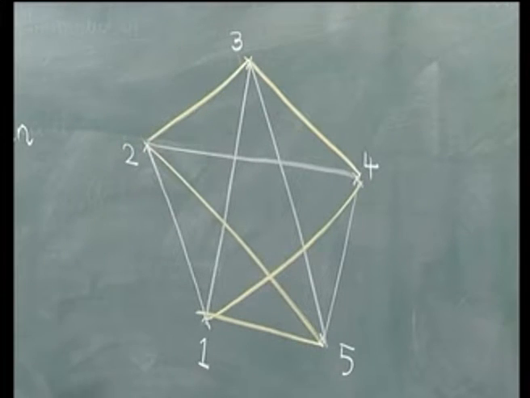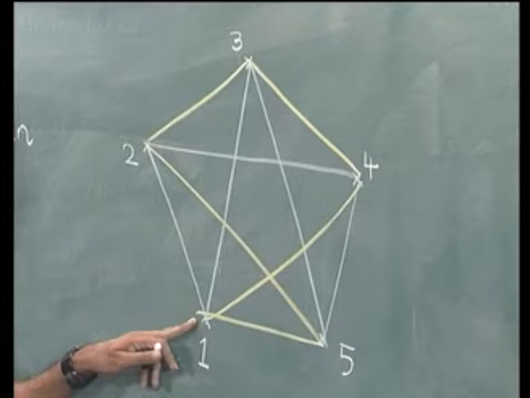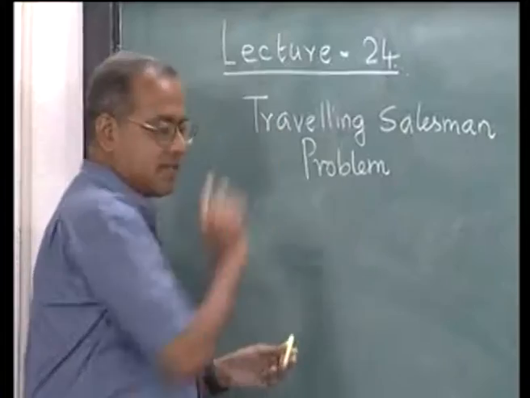So, the problem is given a network, given a set of points, to visit every node once and only once and come back to the starting point, travelling minimum distance or incurring minimum cost. Now, this is called the traveling salesman problem as it is.